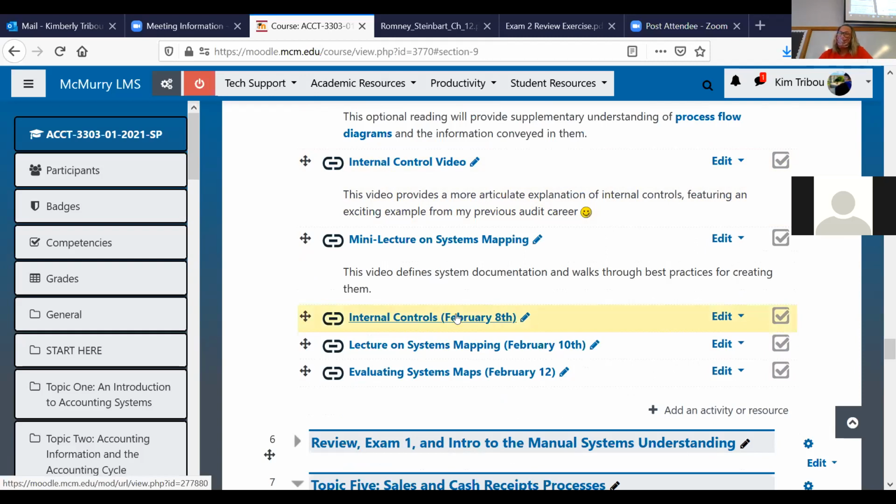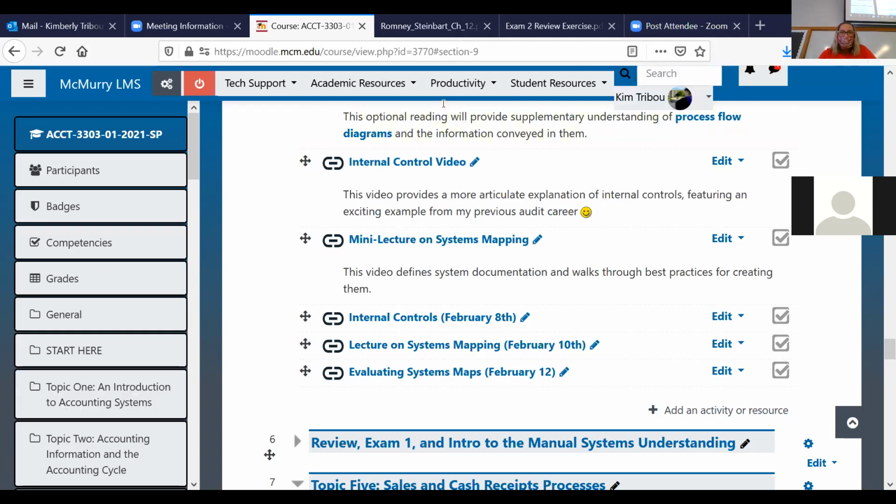That wasn't my best lecture, so probably the internal control video is a better reference. I'll send out the solution to those 2 prompts on this activity that we've been working through, so you have that as you study, but that's what I'm going to have you do on the exam.